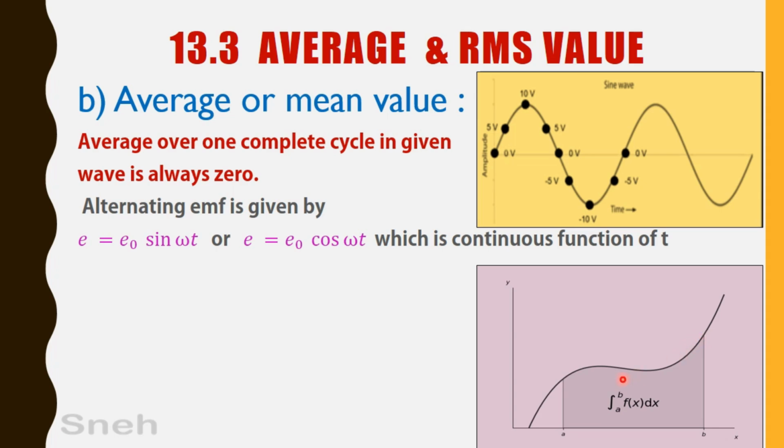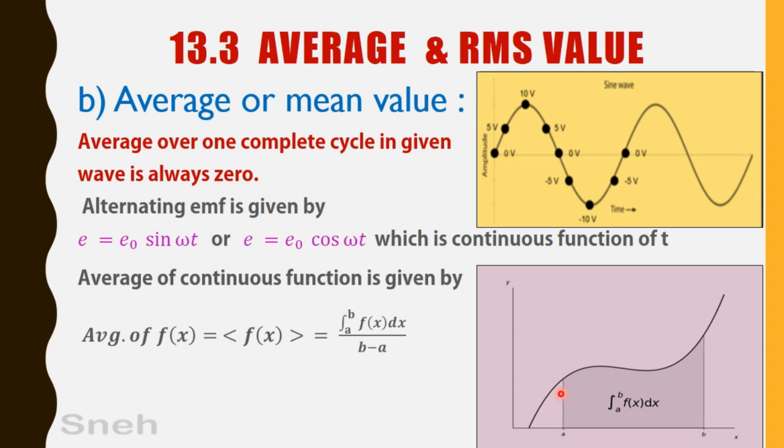Then how to find out that? For that, average of the continuous function is given by average of f of x is equal to, this is the symbol for average, is equal to integration of f of x dx from the lower limit a to upper limit b divided by b minus a, that is upper limit minus lower limit.